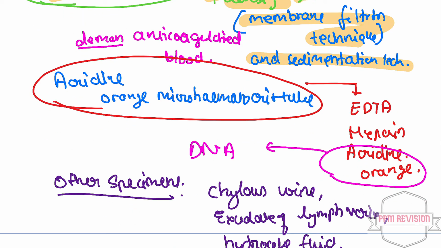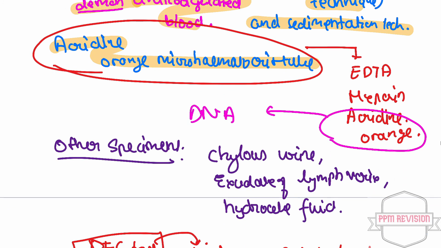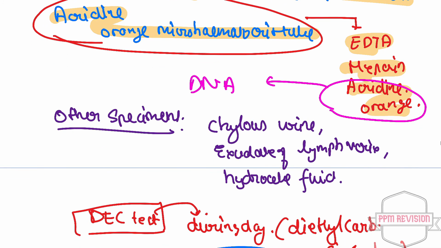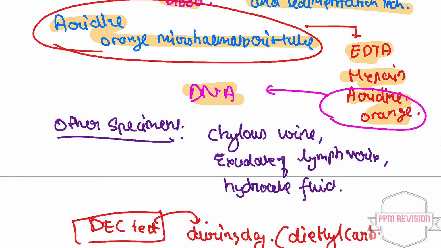The demonstration can also be performed in anticoagulated blood. Then we have the acridine orange and microhematocrit tube test, where EDTA and heparin are used as anticoagulants, and acridine orange stains the DNA, which is quite visible under this test.